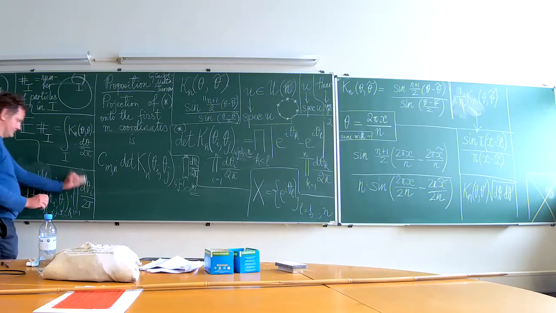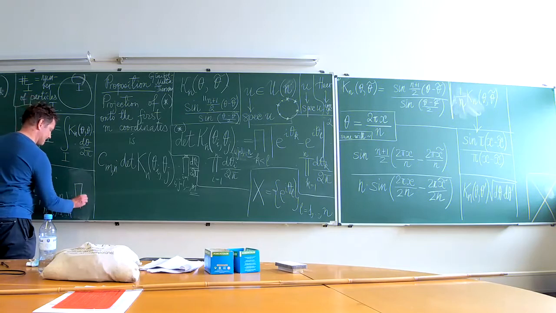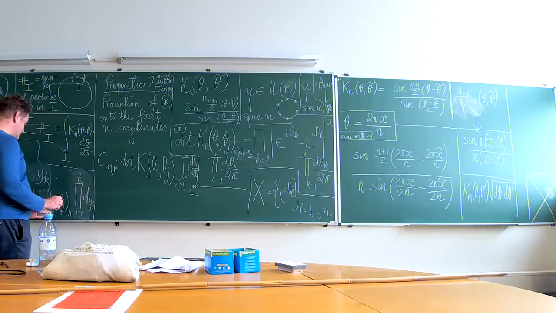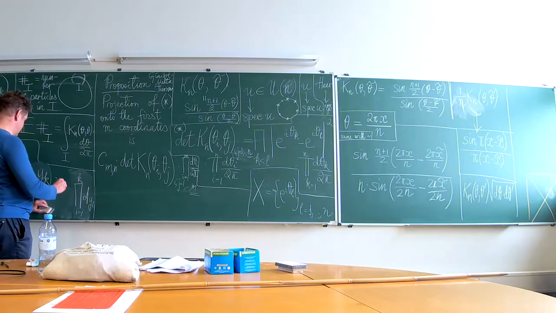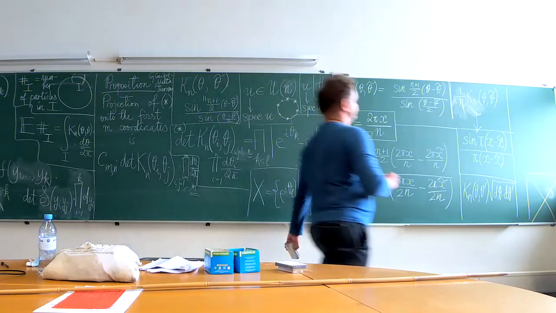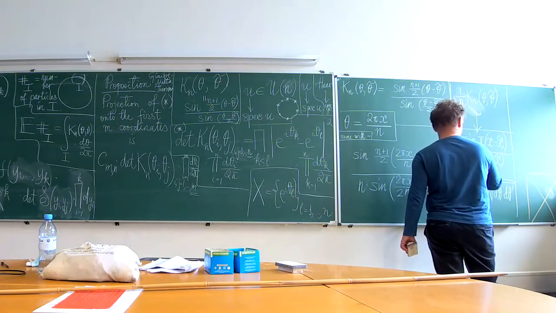The determinant, so the product is given, and the determinant is of S(yi, yj), where S is this kernel, the so-called sine kernel.